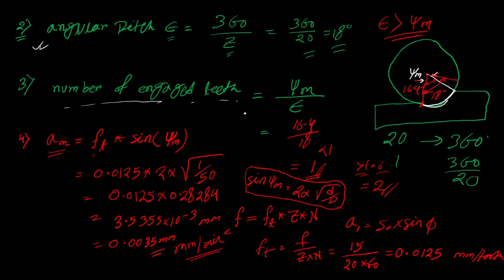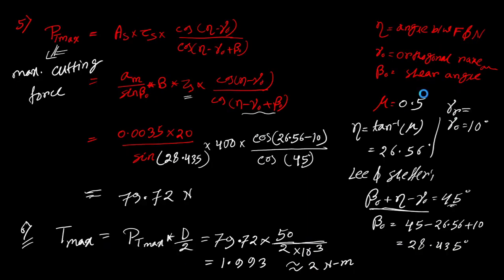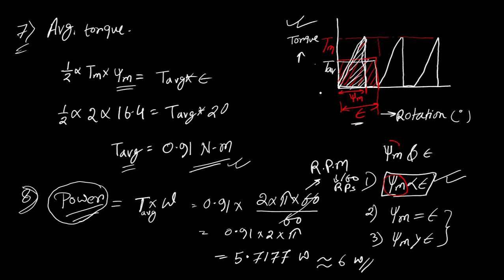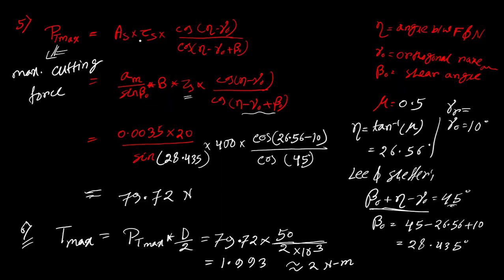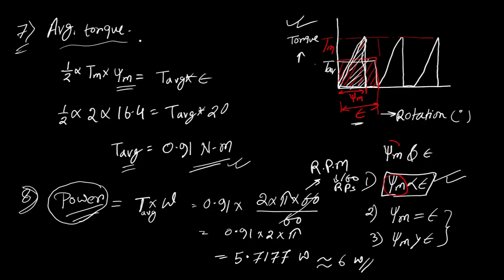The number of engaged teeth gives you the information about how many teeth are present in this machining zone, because based on that only we can draw this diagram, and from this diagram we can find out the average torque. Correct. So all the values I calculated here are linked to each other. So you have to go through from question number 1 to question number 7 to find question number 8, the power value.